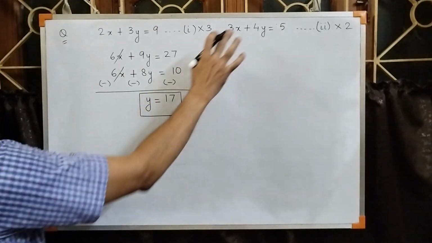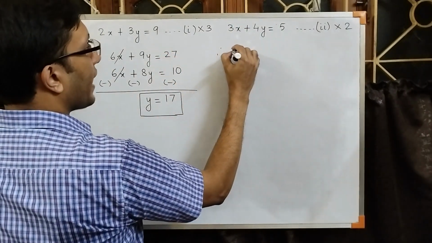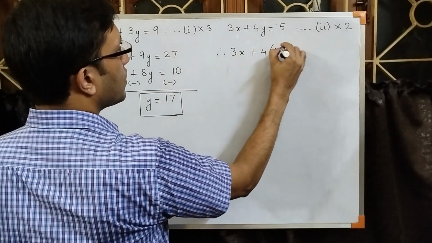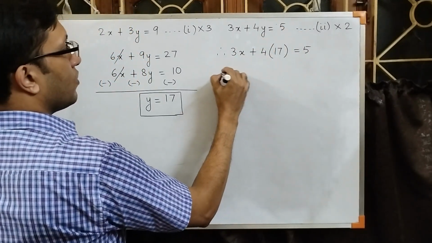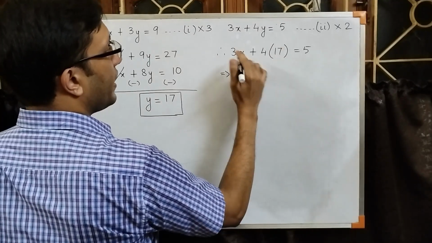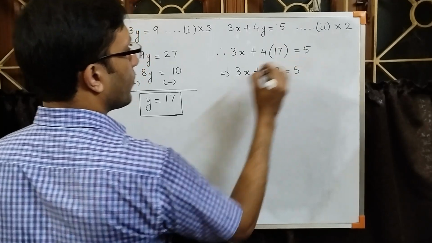Now this value of y, let me put in equation number 2 and find out the value of x. So 3x plus 4 into 17 is equal to 5. So 3x plus 17 fours are 68 is equal to 5.